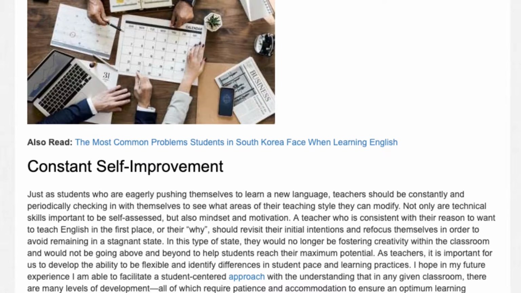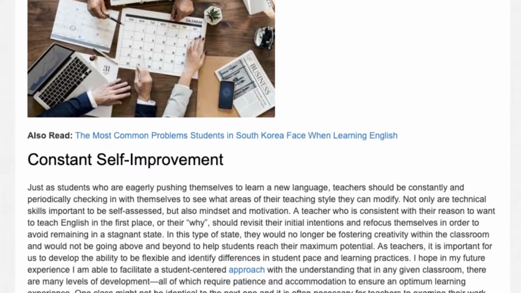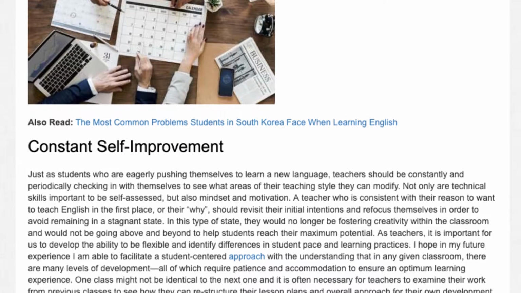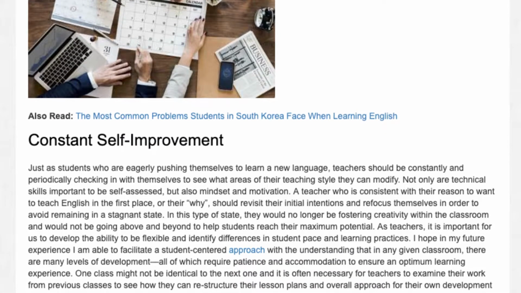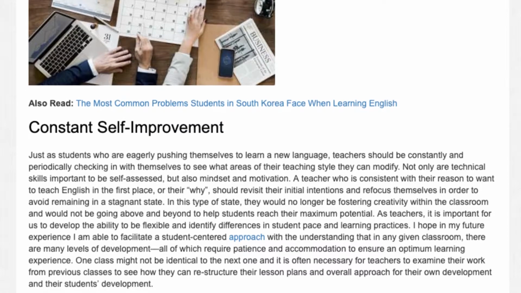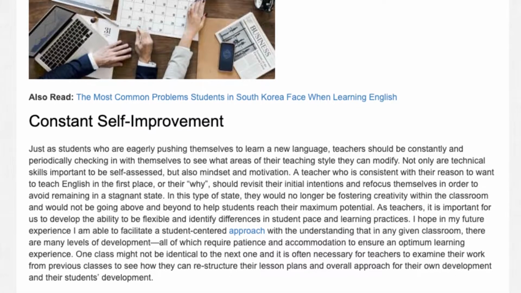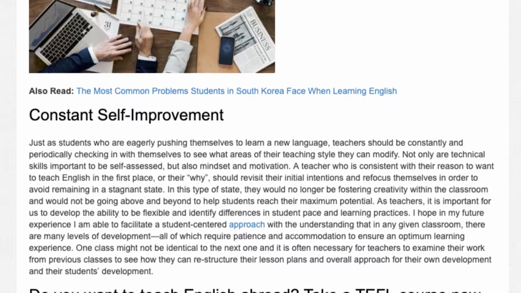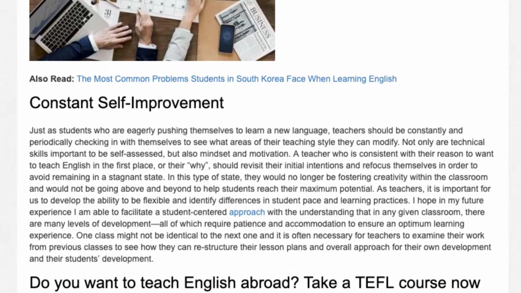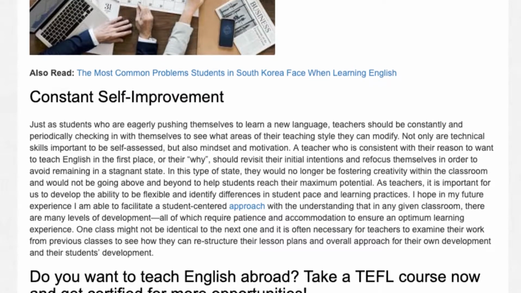A teacher should revisit their reason to want to teach English in the first place, or their why, and refocus themselves in order to avoid remaining in a stagnant state. In this type of state, they would no longer be fostering creativity within the classroom and would not be going above and beyond to help students reach their maximum potential.